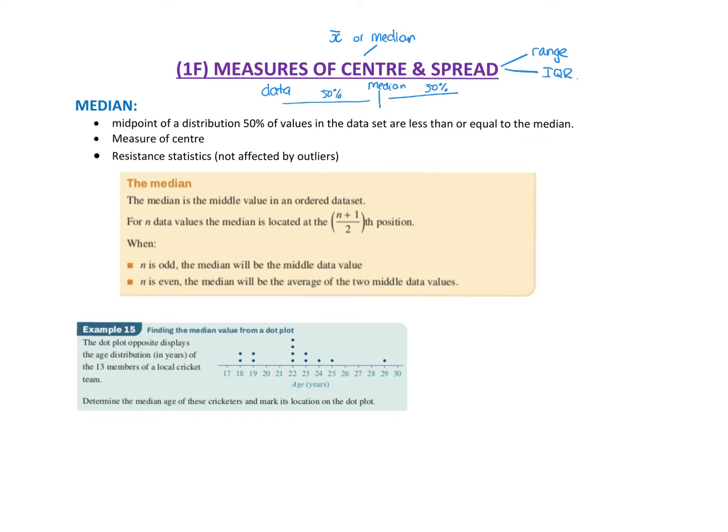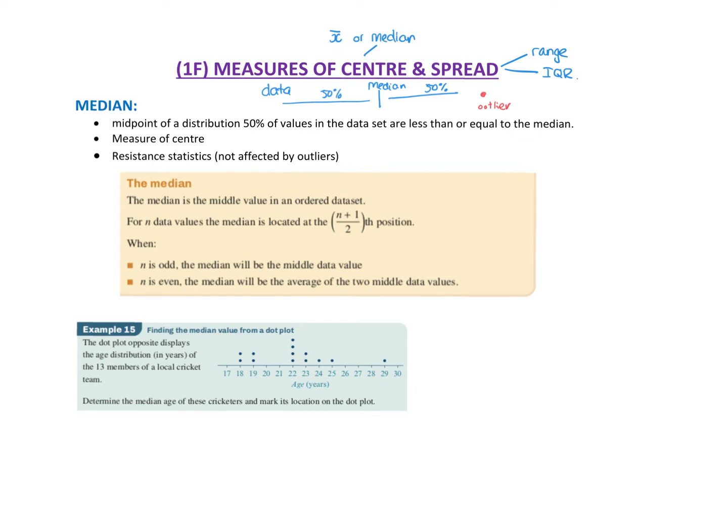It's a measure of centre, and it is a resistant statistic, so it's not affected by outliers. Even if we have an extreme outlier out here, we are simply ordering the data and finding the number in the middle of the line. So the outlier doesn't affect the median.